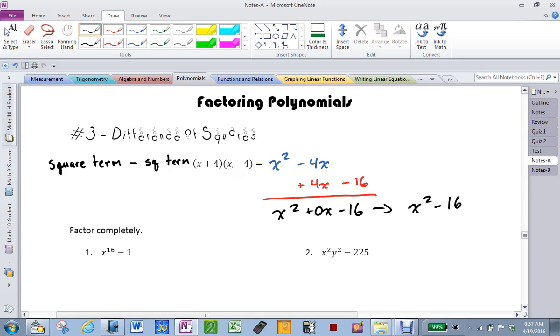What's the pattern? If I have a squared, anything squared, minus b squared, what does it look like factored? Pardon? Say it. A plus b. You're close. A minus b. It's not a and b, because it's not x and 16.